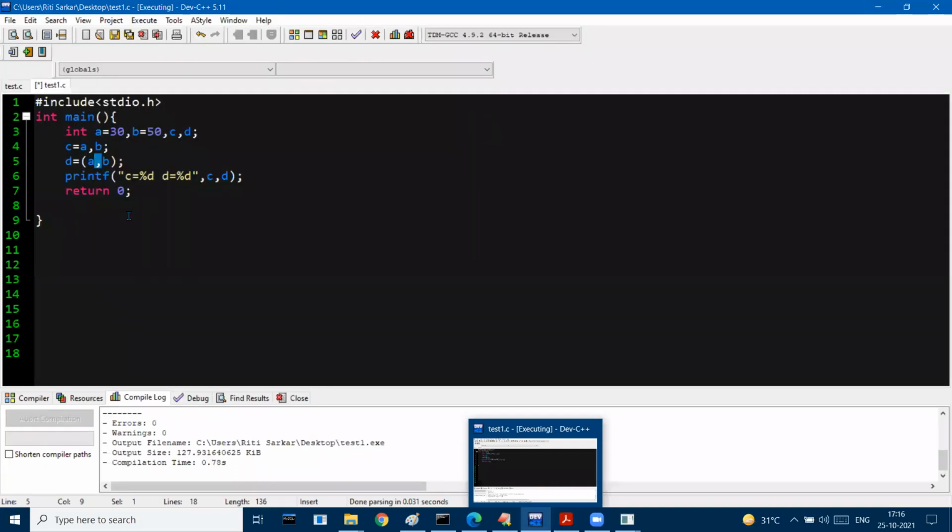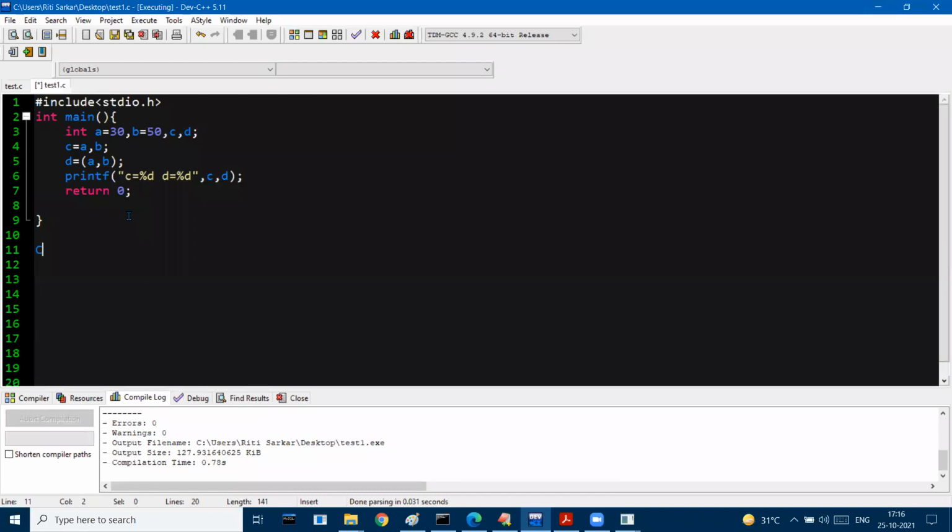So what is the working principle? The comma operator comes under the category of special operator. It looks just like a comma. Symbolically, it looks like a comma.